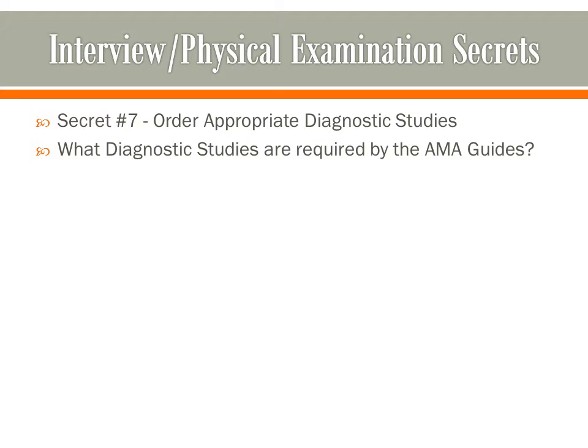Secret number 7 is order appropriate diagnostic studies. Secret number 8 is to enlist the radiologist. Secret number 8 is to analyze for loss of motion segment integrity. We're going to spend some time on this section, especially with regards to an analysis of motion segment integrity.